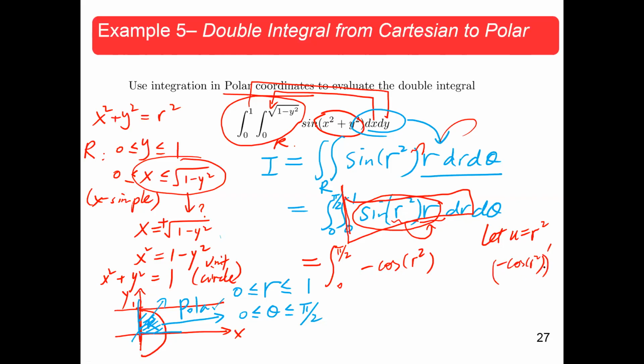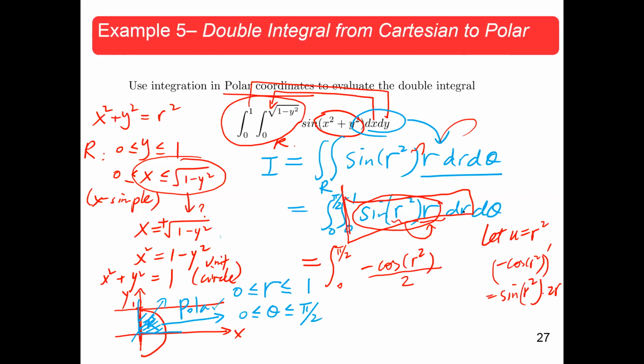It's going to be sine r squared times 2r, right? And there's no 2 here, so we should divide by 2 to get rid of that 2 for the antiderivative. So the antiderivative is going to be negative cosine r squared over 2.